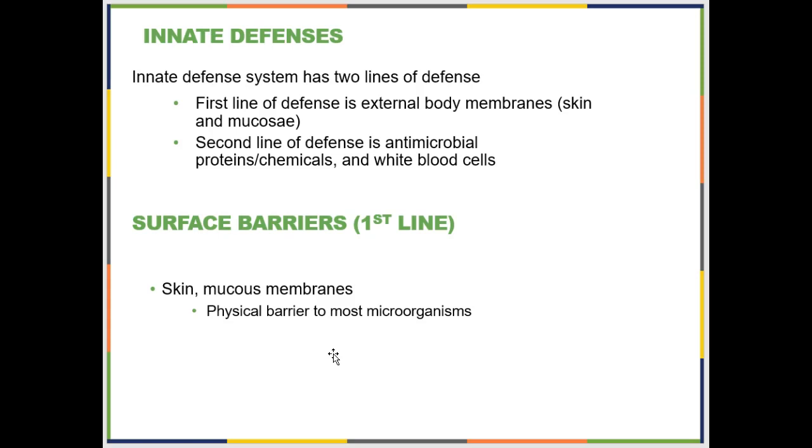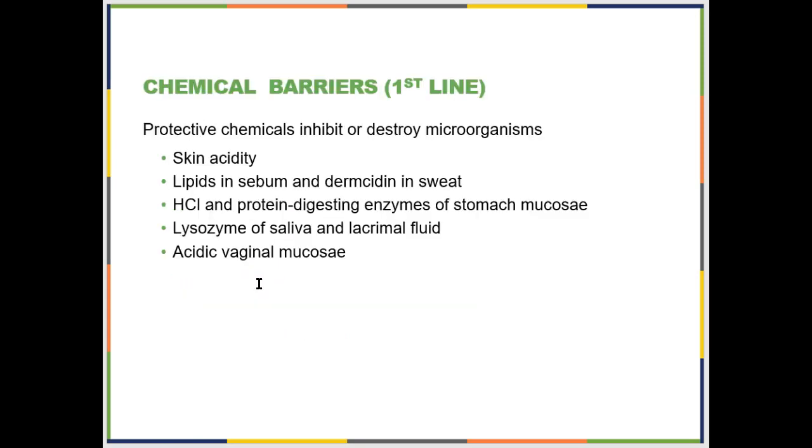So first up, innate defenses. You want to know that your first line of defenses is your simple physical barriers. These are your skin and your mucous membranes. Associated with your first line of defenses are some chemical barriers built into your skin and mucous membranes. The two that I am most likely to ask questions about are the acidity.